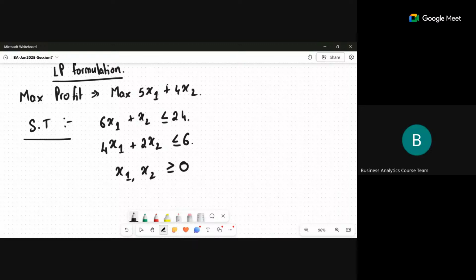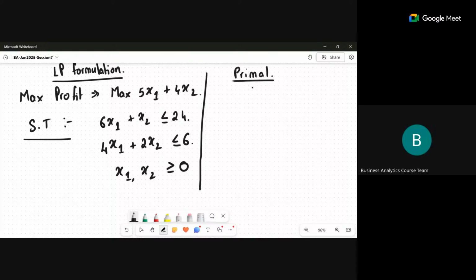Right. So this is the LP formulation of the problem. This type of formulation is known as the primal. I'll come to the name later, but it's known as a primal.